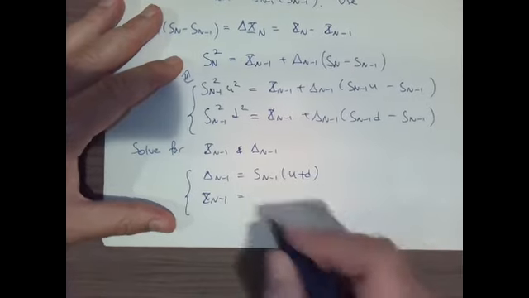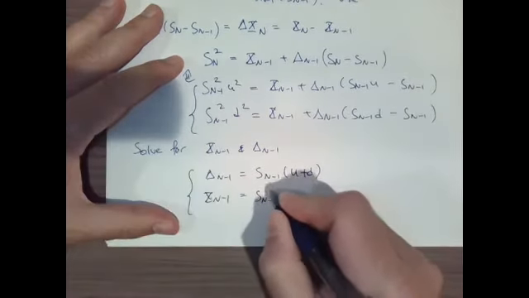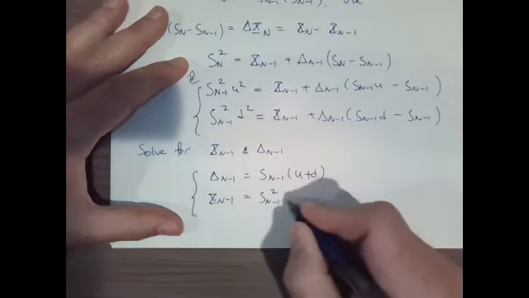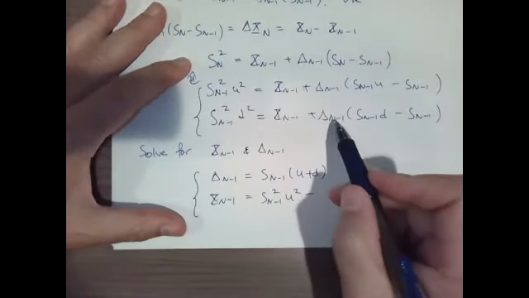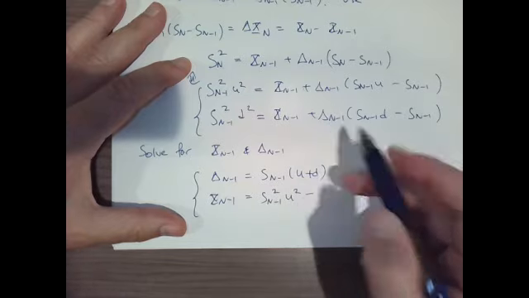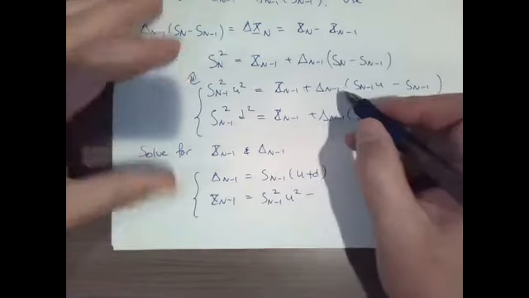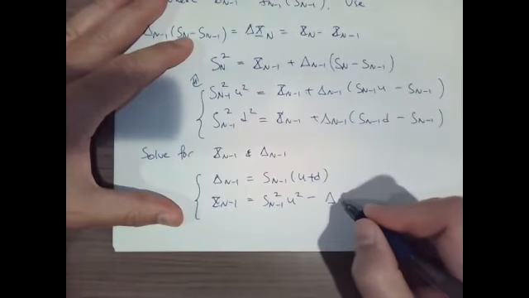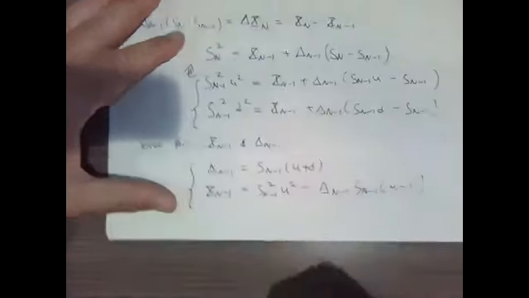I get that this is equal to Sn minus 1 squared u squared minus, I'll just pick one of these. Pick this one. Delta n minus 1 times Sn minus 1 times u minus 1.